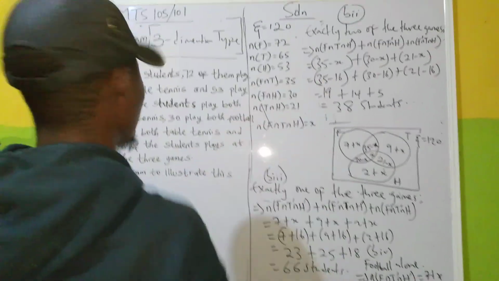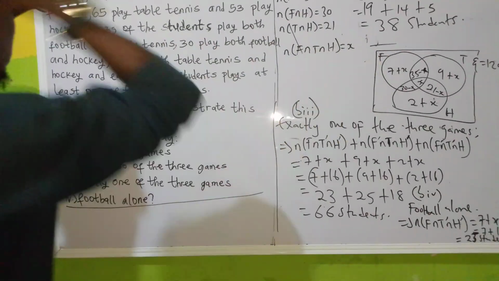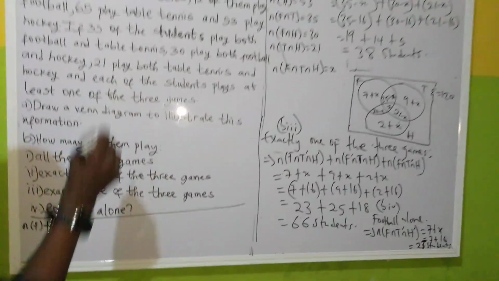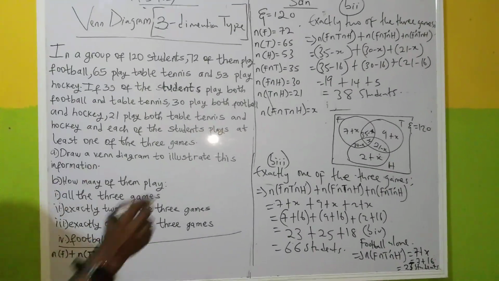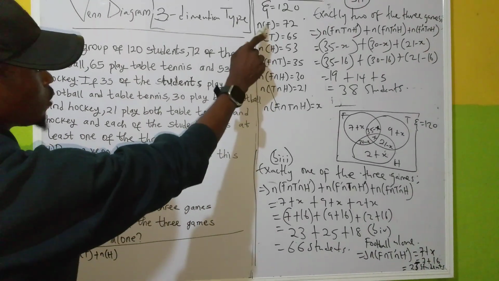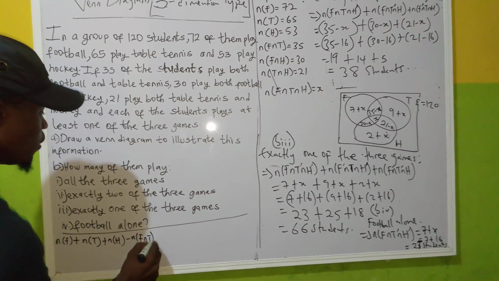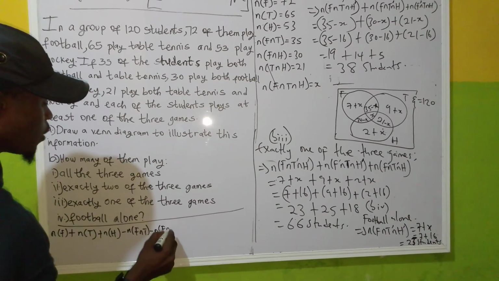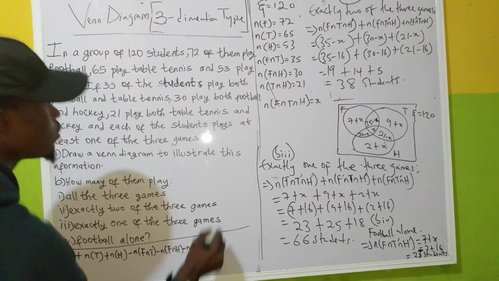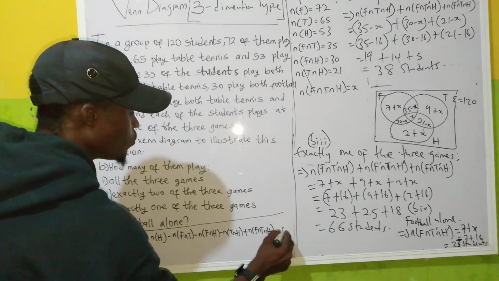So let's start with this. If you want to solve without using the diagram and find the value of x, starting from here: number of F plus number of T plus number of H, minus number of F intersection T, minus number of F intersection H, minus number of T intersection H, plus number of F intersection T intersection H, all equals the universal set.